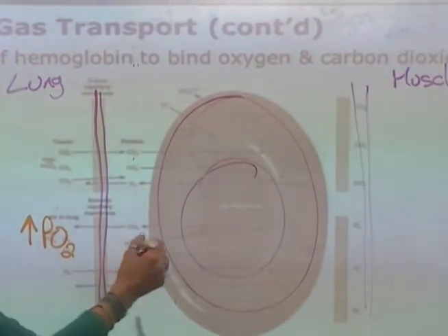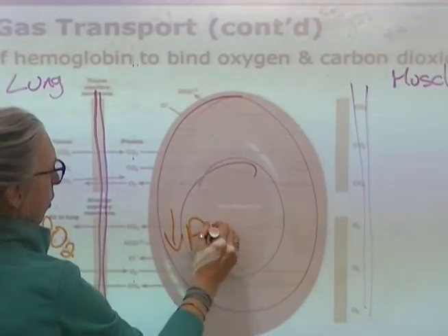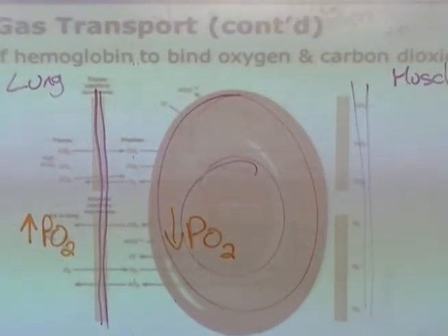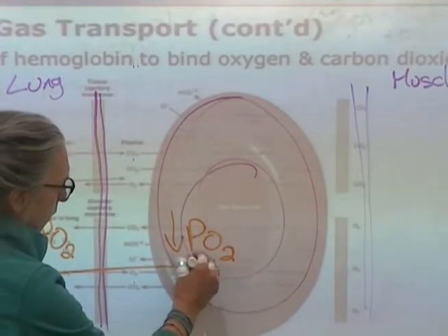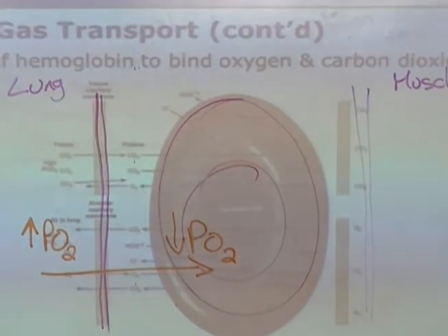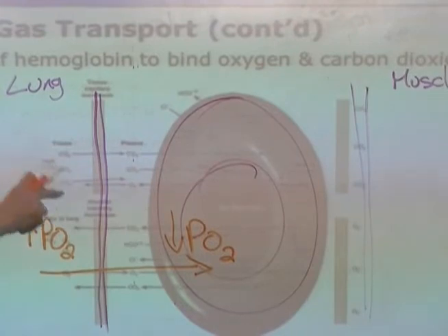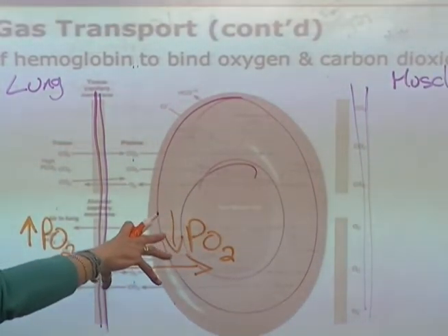So this is relatively low in VO2. That means I can move oxygen from the lung, from the alveoli, into the bloodstream and attach it to hemoglobin in the red blood cell.